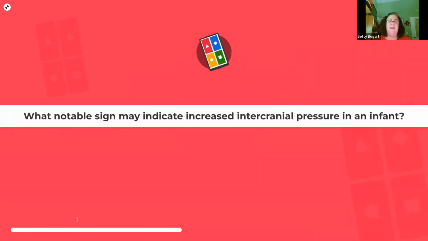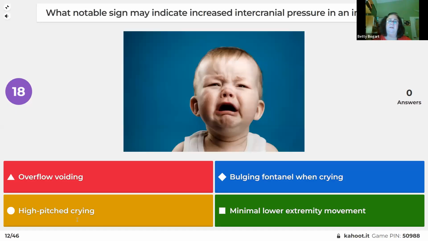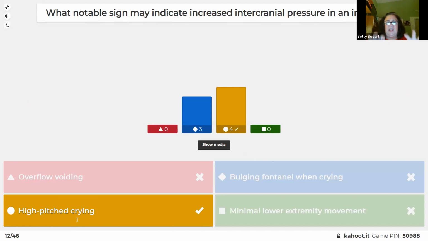What notable sign may indicate increased intracranial pressure in an infant? Now, this sign, when you walk into a room of infants and one is in there that has increased intracranial pressure or really neuro, you are going to hear it. It's like nails on a chalkboard.